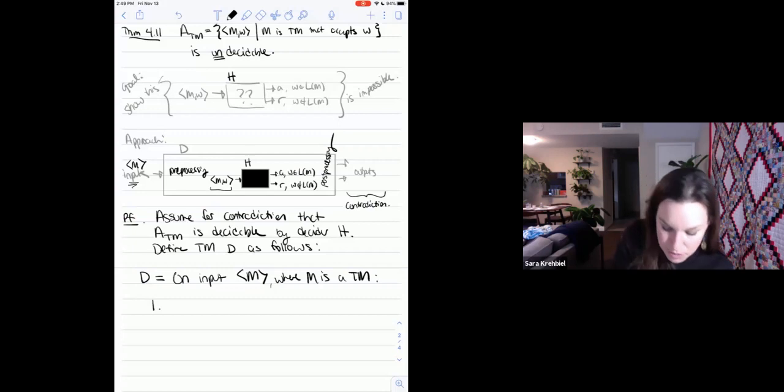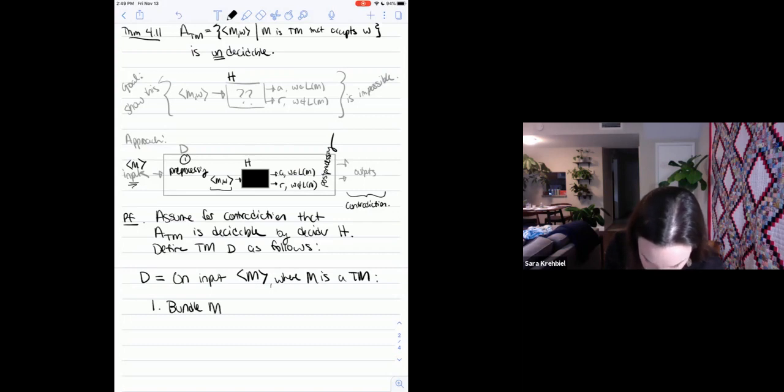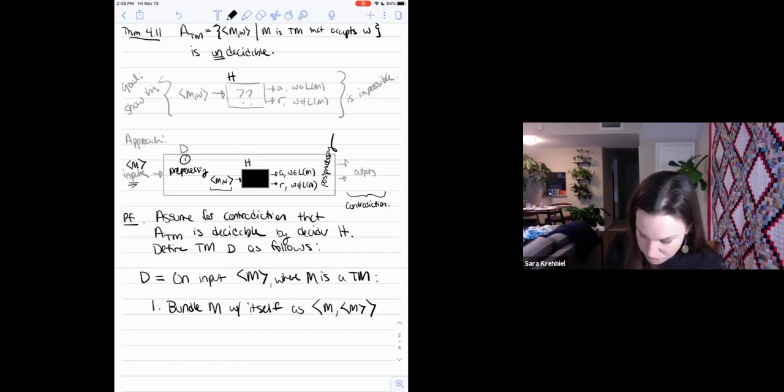Step one is my pre-processing step. And what I'm going to do is bundle M with itself so that it looks like this. So this is kind of a weird thing.